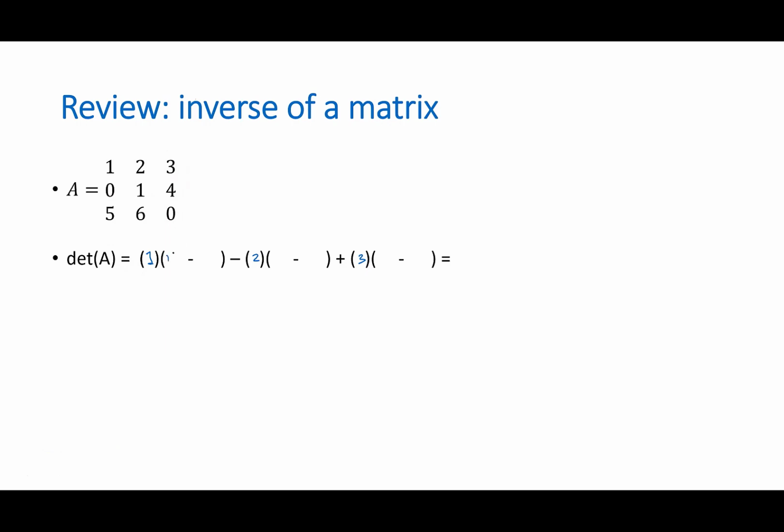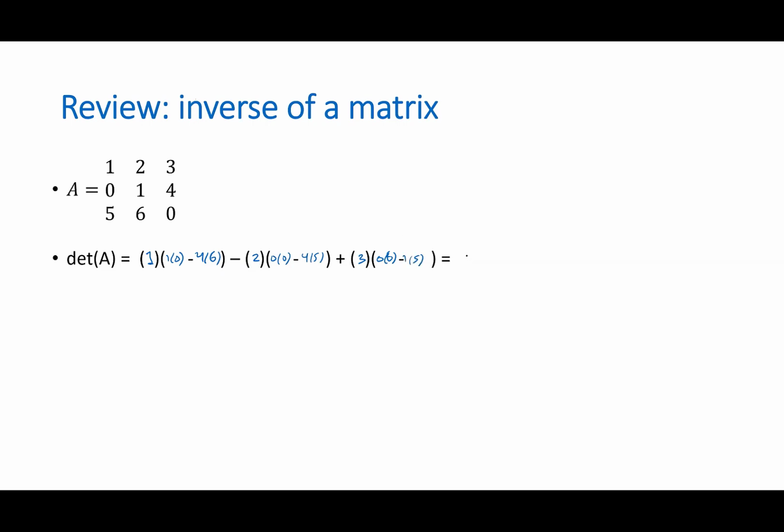So 1 times 0 minus 4 times 6, minus 2 times 0 times 0 minus 4 times 5, plus 3 times 0 times 6 minus 1 times 5.